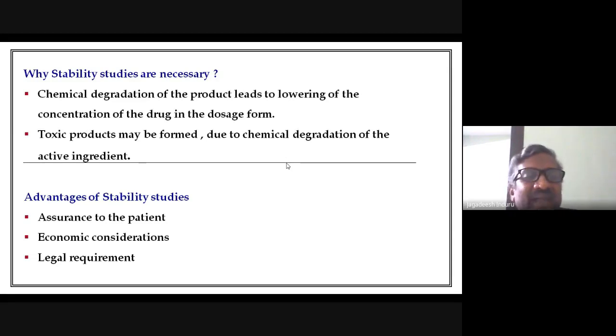Another one is economic consideration. If you don't do that and launch the product, you will be asked to recall the product and close your company, and if the product fails so many times, it is not economical for the factory. If you are doing everything right and you sell it, you are going to earn money; otherwise it is a loss.